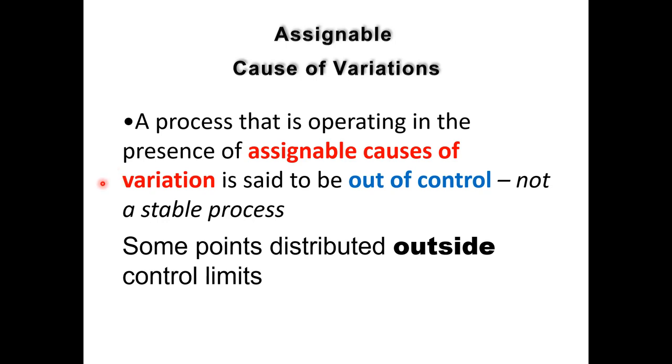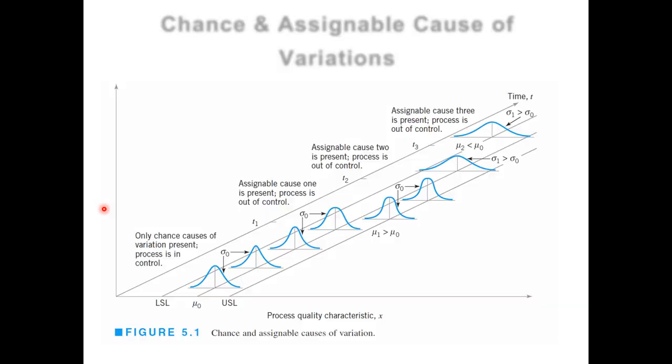On the other hand, if there is presence of assignable cause of variation, that will lead to some points distributed outside the control limit, and therefore the process is said to be out of control and it is no longer stable.